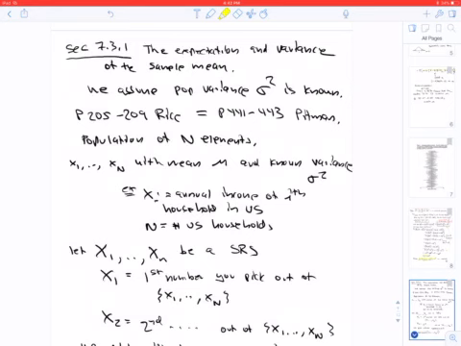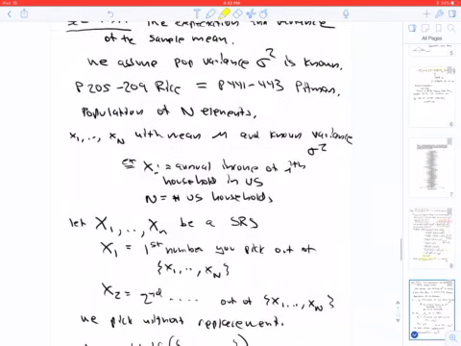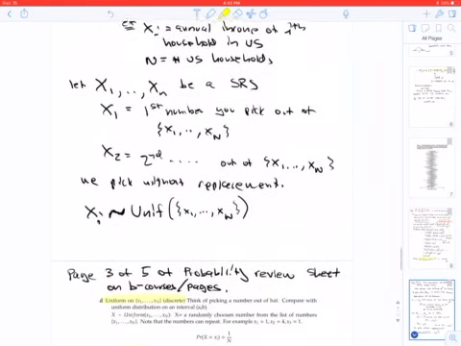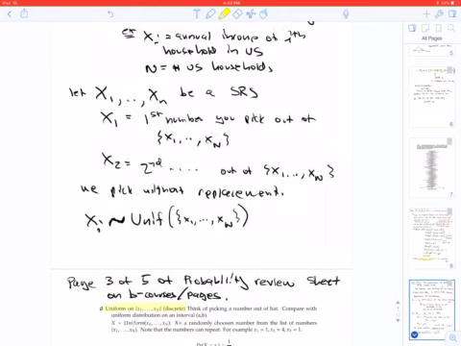So we start with a population of capital N elements, with mean mu and some known variance sigma squared. So for example, xi could be the annual income of a household in the US, and capital N is the number of US households. So capital X1 to capital Xn is some simple random sample. So x1 is the first number you pick out of x1 to xn, and x2 is the second number you might pick out of x1 to xn.